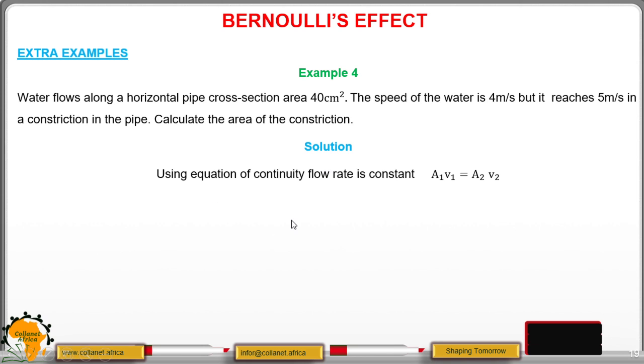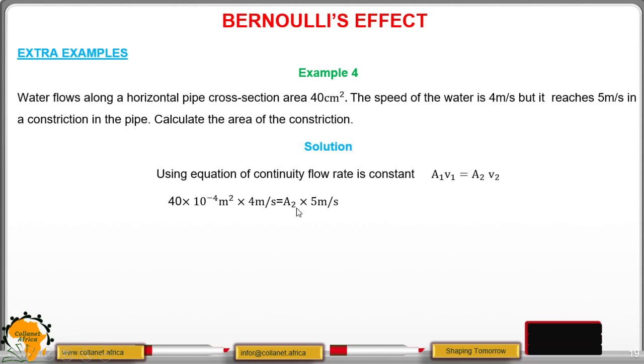Solution. We can use the equation of continuity here, whereby we say that the mass flux is constant, provided the assumptions we made earlier hold. So we have the area A1, which is this one here, and you must convert it into square meters. You can just multiply by 10 raised to power negative 4, then multiply by the speed of water on that section, which is 4 meters per second.